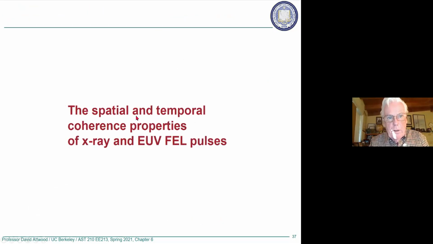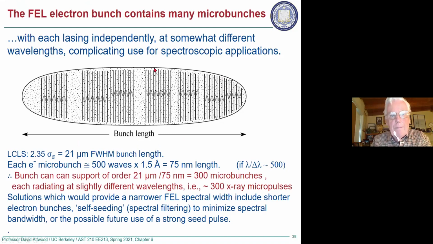Okay, so, things about spatial and temporal coherence properties of X-ray FELs. Oh yeah, so we were estimating that this is a single bunch, okay? They're coming at, we said, 120 hertz.